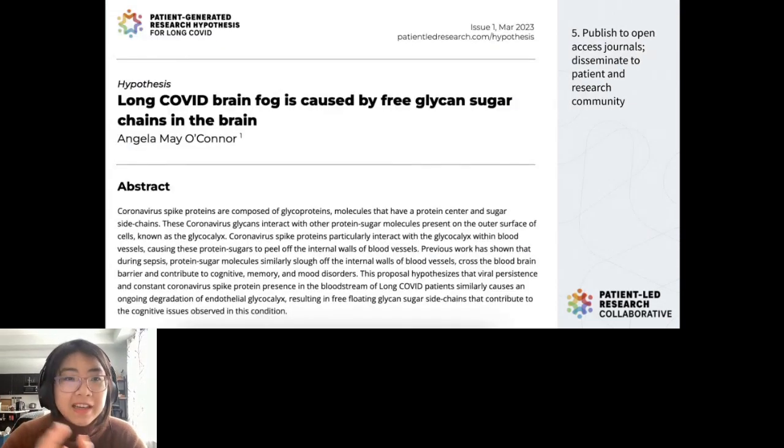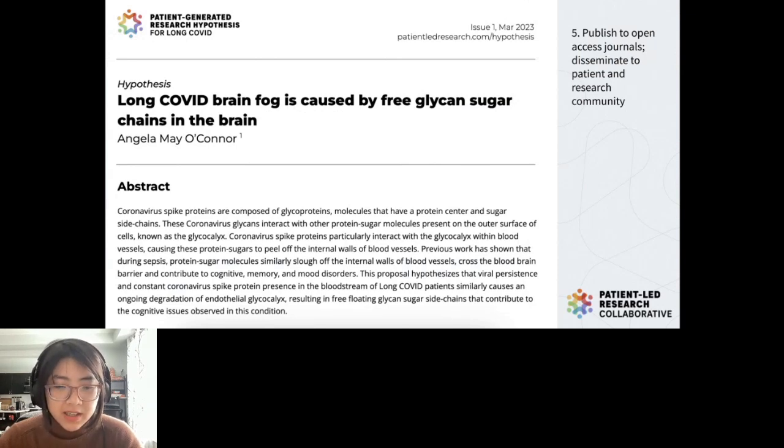And the result of that is what we're currently working on right now. It's one of the projects on my plate, to publish these hypotheses into open access journals and disseminate them into the patient and research community. I think these are very well thought out, well written hypotheses that are presented alongside a suggested study design, with unanswered questions for researchers who want to take this on.